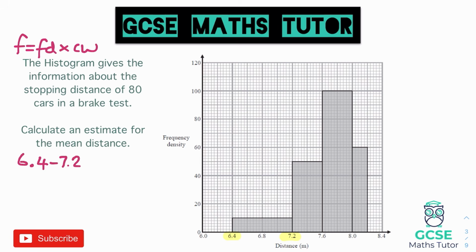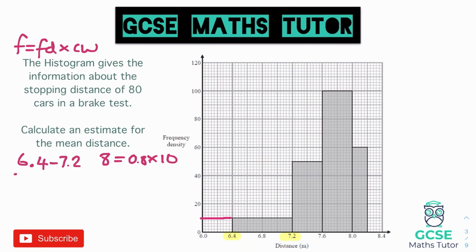We have our class width there, which goes from 6.4 to 7.2. So that is a class width of 0.8. So we're going to do 0.8 for our class width and multiply it by the frequency density, which we can read from the histogram here, and that is 10. So that gives us a frequency of 8. So 8 is equal to 0.8 times 10.